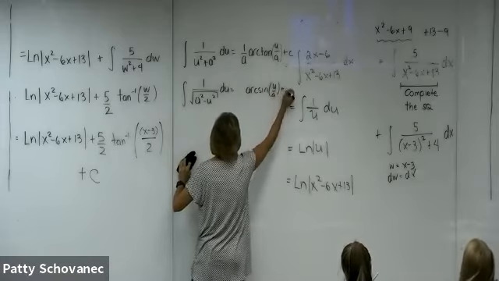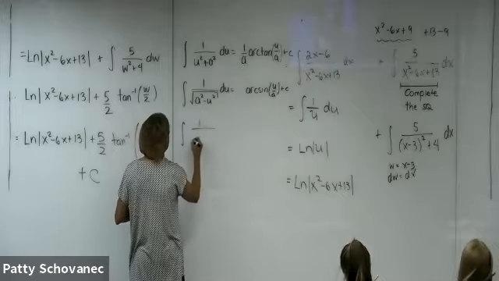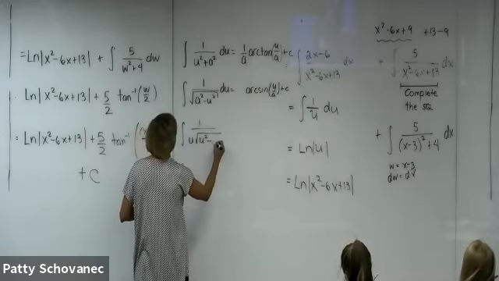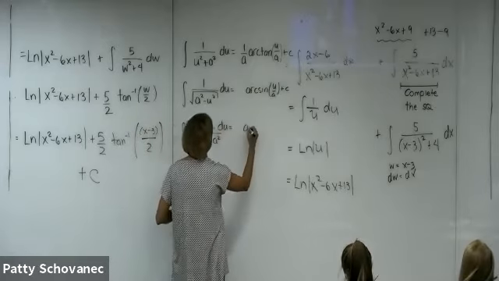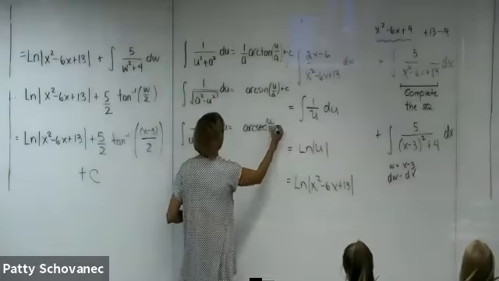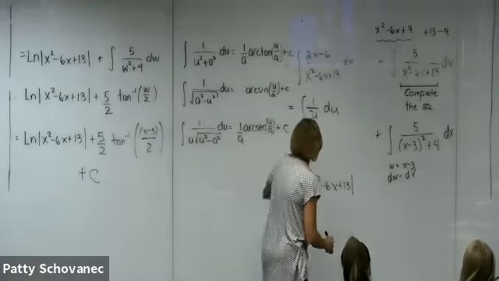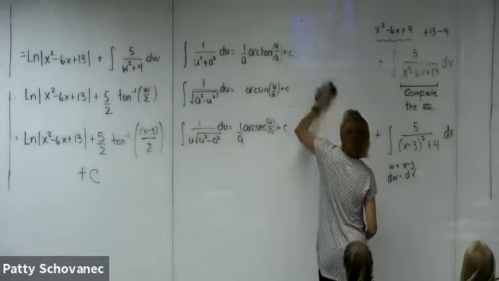Remember, this one does not have a 1 over a out front. And if I have a variable outside and the variable squared in front of the minus sign, that's an inverse secant of u over a. This one does have a 1 over a out front. So those are the general versions of the inverse trig integrals where we didn't have a 1.